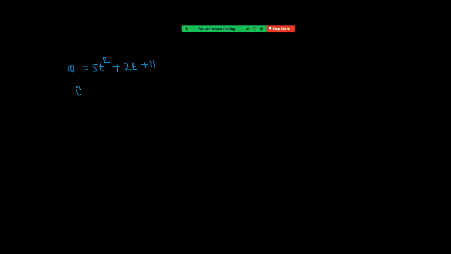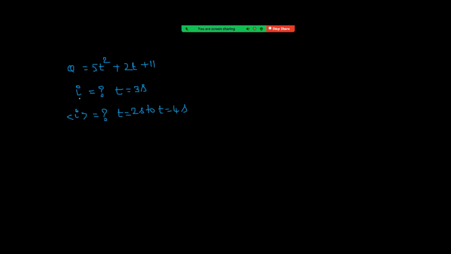We have to find the current when time t equal to 3 seconds, right? Next, we have to find the average current. This is the notation for average. Average current in the time interval t equal to 2 seconds to t equal to 4 seconds, right?